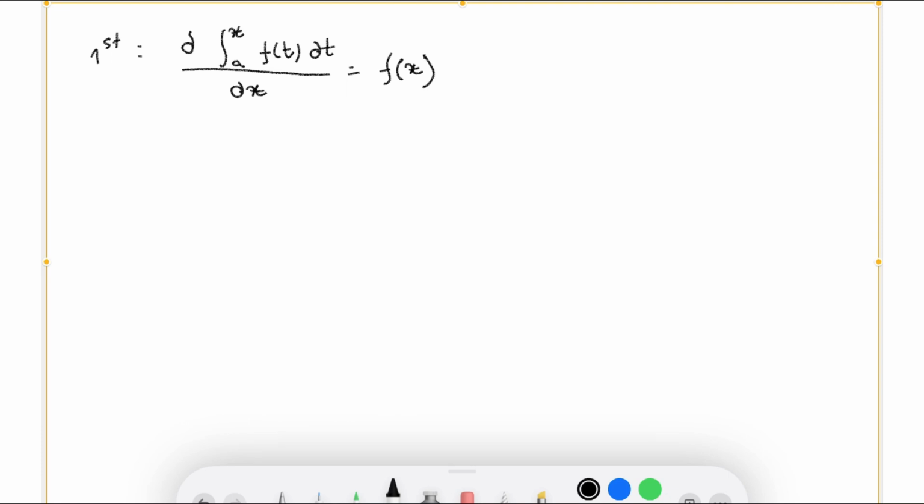And now let's first visualize how our function and our integral look.